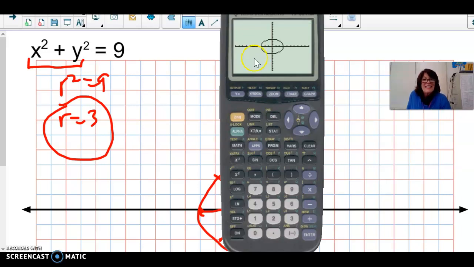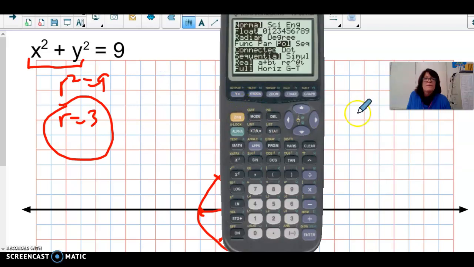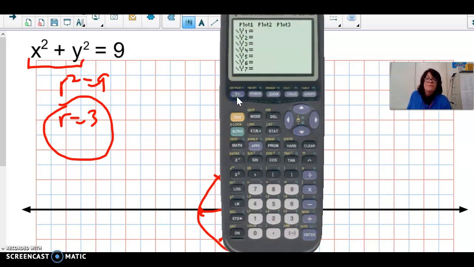Is that neat? If I change back, let's change my mode. Now I can only do functions on this calculator. And a circle is not a function, right? So I have to do the top half of the circle. Y equals the square root of 9 minus x squared.